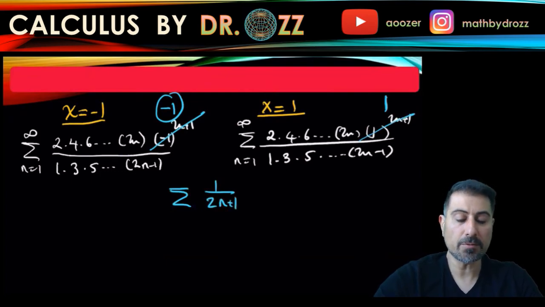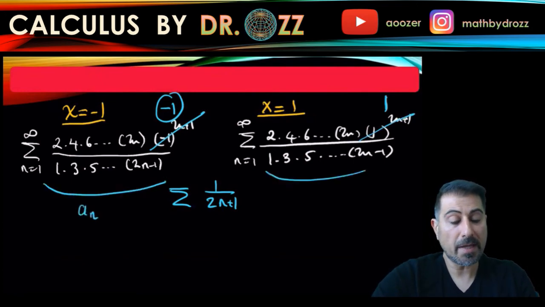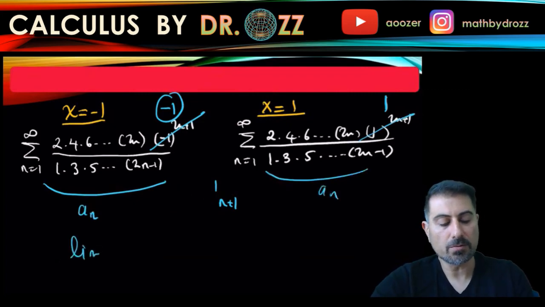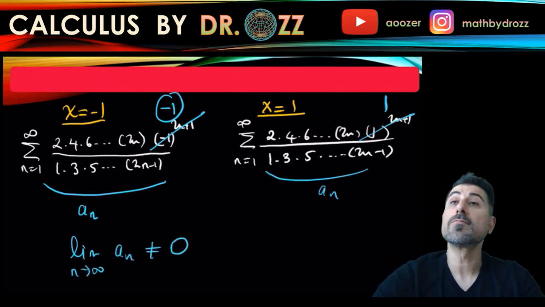Okay, but I think the nth term test would serve the purpose because if you choose this to be a_n, and this is the same a_n anyway, you can show that this limit is not equal to 0.